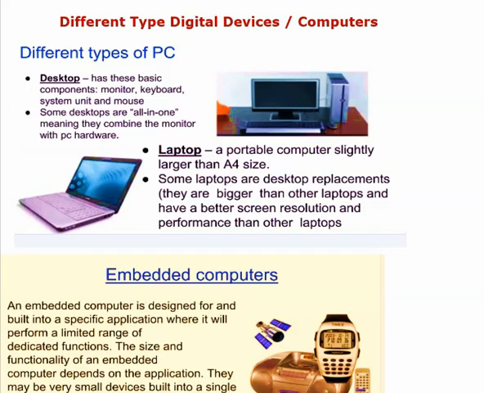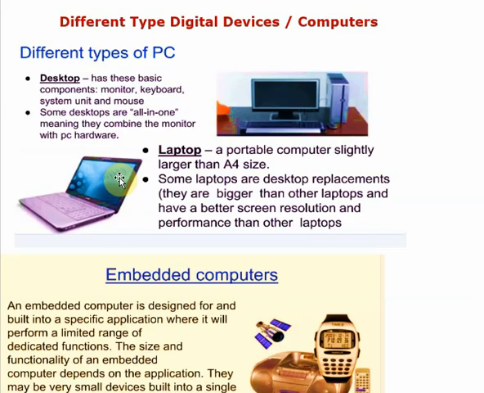Now, different types of personal computers. Desktop comes under personal computers, and laptop, this also we are calling a personal computer. Certain laptops are replaceable with desktop, so those laptops support a big screen, therefore it is similar to desktop, and the mobility feature is there, that is the advantage.